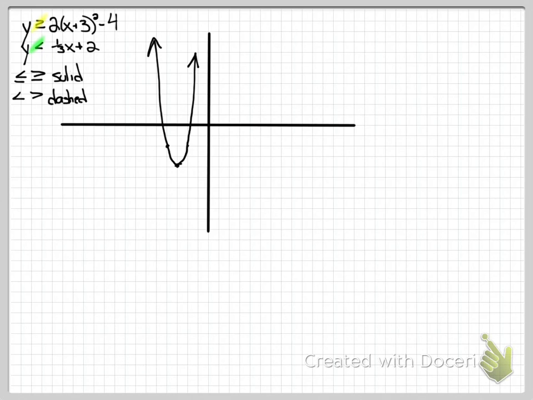Then I need to test a point. So my parabola is not going through 0, 0, so 0 seems like a good number to test. So in my original inequality, for y I'll put in 0, and for x I'll put in 0.